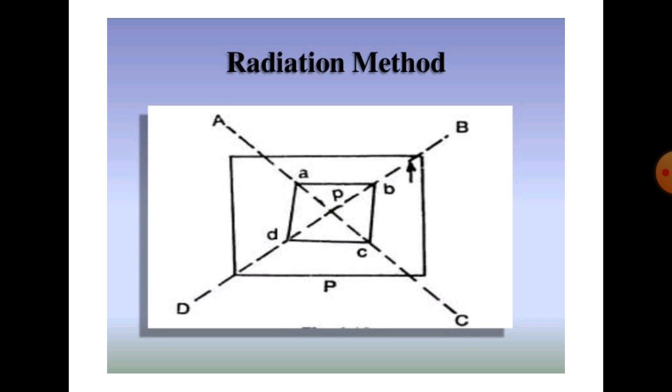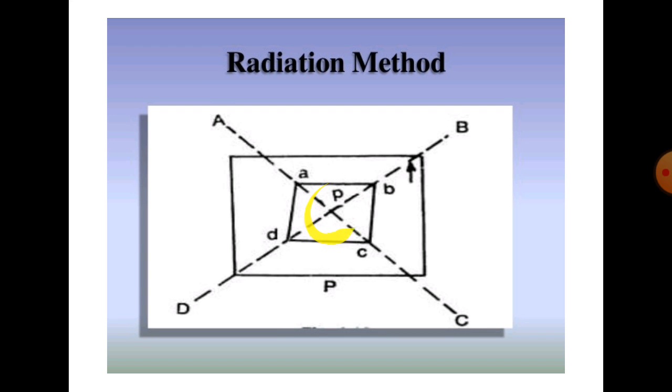Clear? Then using the measuring tape, we measure the distances P to A, P to B, P to C and P to D. All the points are measured from point P and a scale is taken.